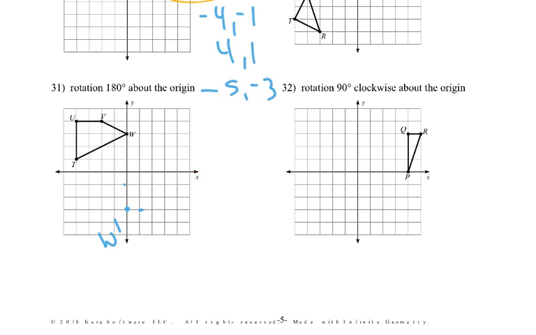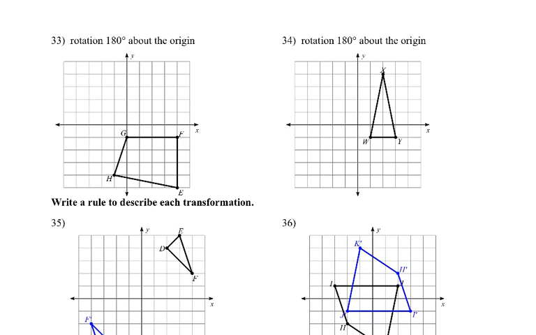And then from that you could build it the same way. You could go down 1, back 2 for V prime. You would be on the same line, and then T would be down here in that opposite position. So it looks something like this. And you can kind of visualize that change. So these are both 180 degrees, so same idea.